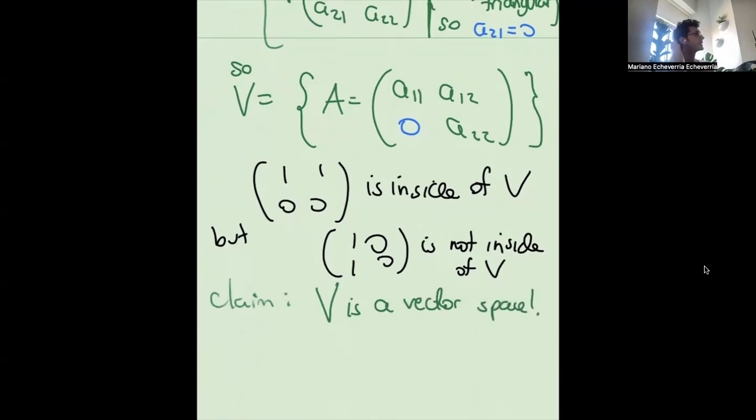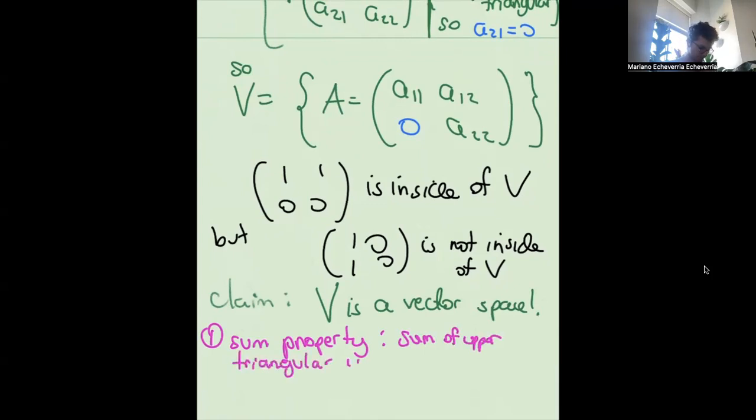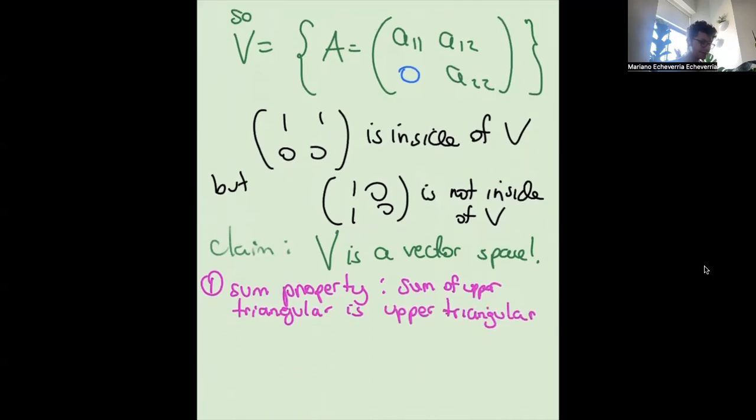So what does that mean? It means that it has to have the sum property, which in this case is saying that the sum of upper triangulars is upper triangular, right? Well, it's actually very easy to check in this case.